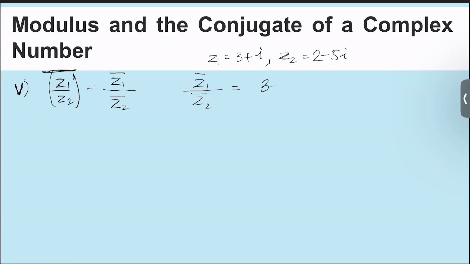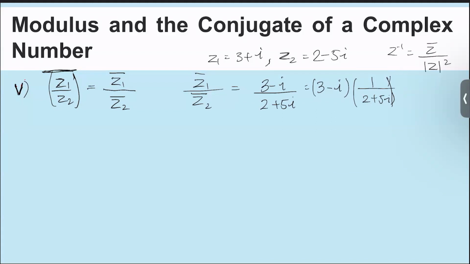So you have 3 minus i, and then you have 2 plus 5i. Okay, so again, if you find it, it is 3 minus i multiplied by 1 upon 2 plus 5i. Okay, so if you remember, your z inverse is equal to the conjugate of z, the conjugate of the complex number, upon the square of the modulus of the complex number.